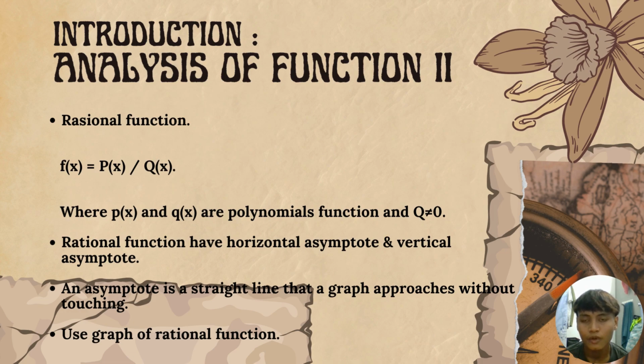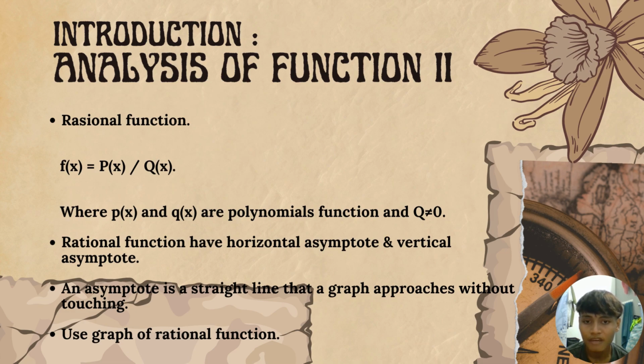Okay guys, we are done with analysis of function 1. So I would like to talk to you about the introduction to analysis of function 2. What is analysis of function 2? Analysis of function 2 is a rational function, which is f(x) equals p(x) over q(x), where p(x) and q(x) are polynomial functions and q is not equal to 0.